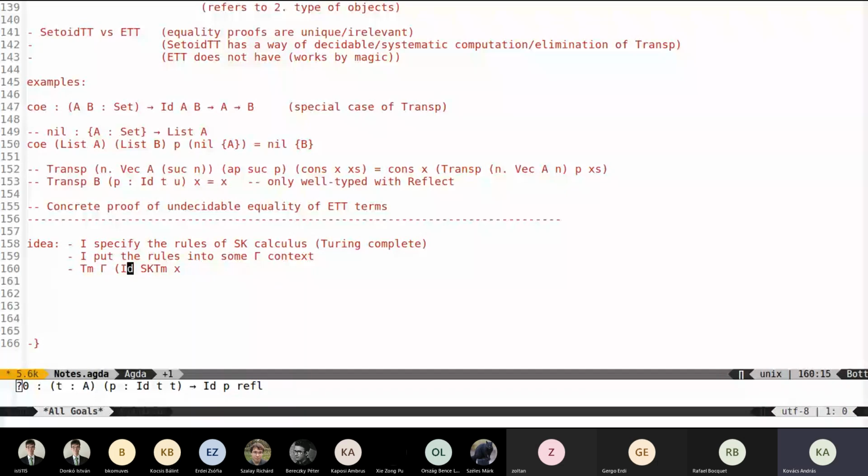Okay, I don't even have to mention this, so I only have to mention this. So there will be terms of this SK calculus in this gamma context, and if I have a t and u with this type, then deciding whether t equals u requires basically deciding a Turing complete system. Right?